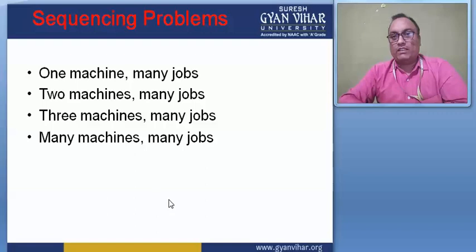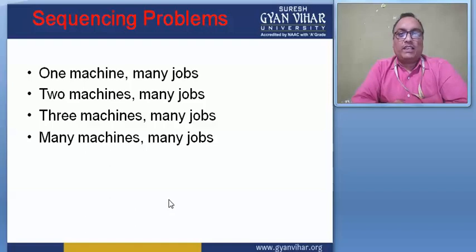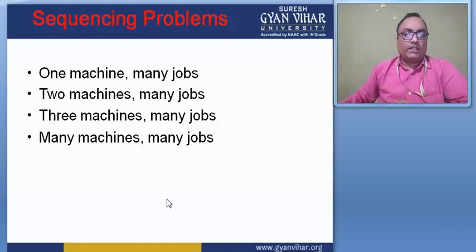Sequencing problem is divided into four types. First is one machine many jobs, two machines many jobs, three machines many jobs, and many machines many jobs also. So these are the different types of sequencing problem.